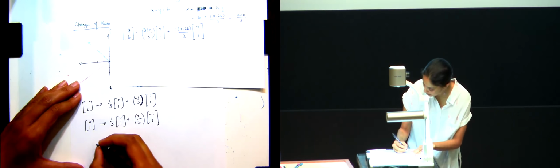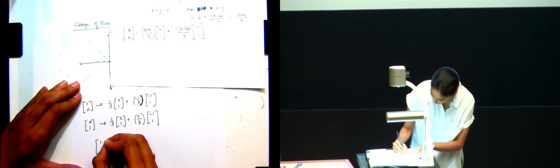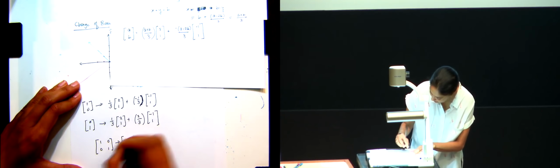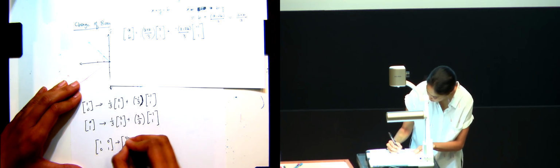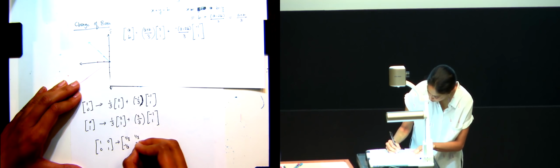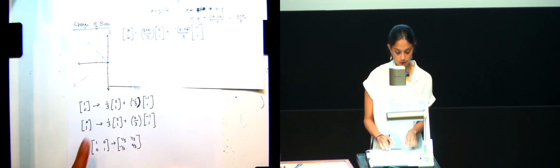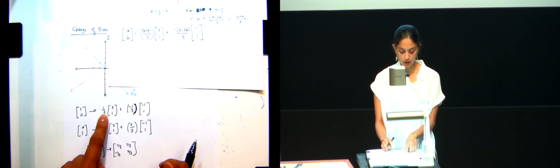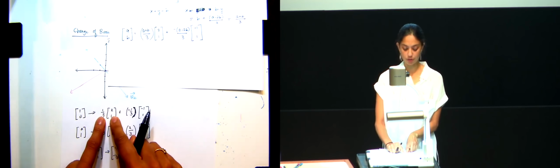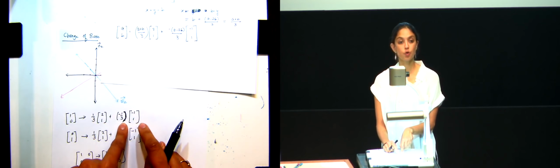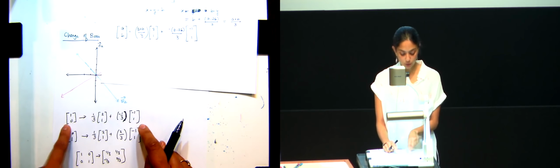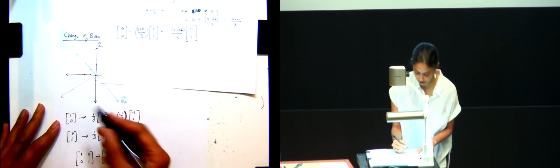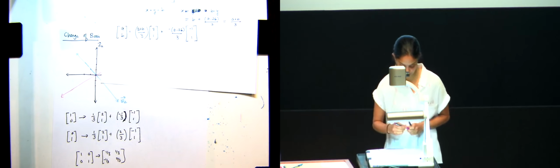I can write this out compactly as these two vectors go to 1/3, minus 1/3 and 1/3, 2/3. This 1/3 is the coordinate for E1 along V1, minus 1/3 is the coordinate for E1 along V2. These guys are called coordinates.